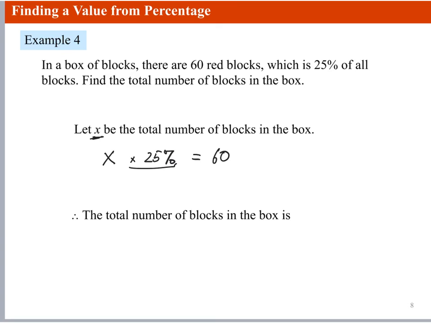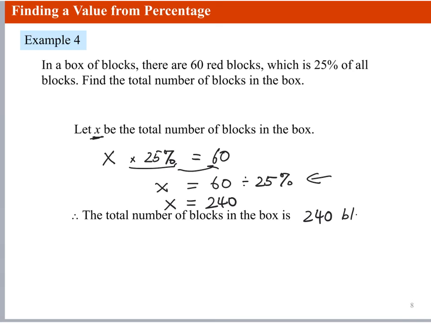Then we move this to the right. X equals 60 divided by 25%. In these steps, use a calculator. 60 divided by 25%. X equals 240. The total number of blocks in the box is 240 blocks. Okay?